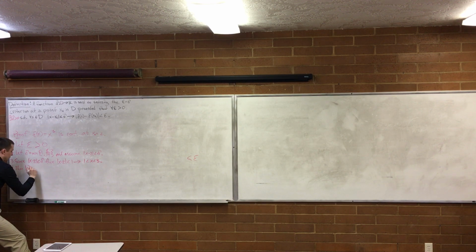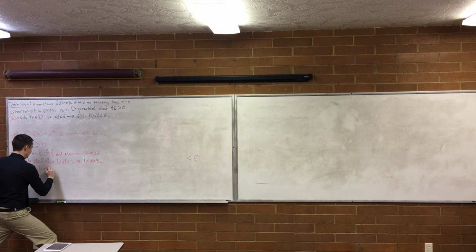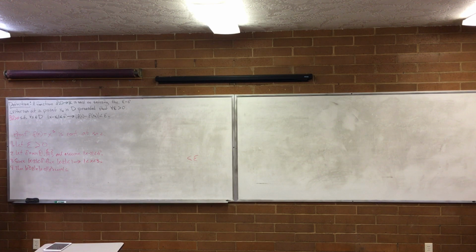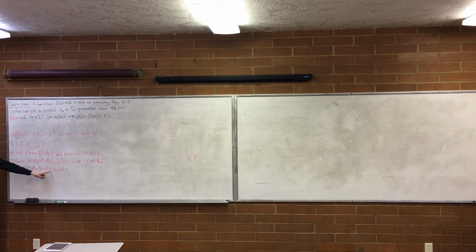Then |x cubed minus 8| is equal to |x minus 2| times |x squared plus 2x plus 4|, which is less than or equal to, the biggest x can be is 3, so what do we get when we plug in 3? We get 9 plus 6 plus 4 is 19. So the biggest that this part can be is 19.